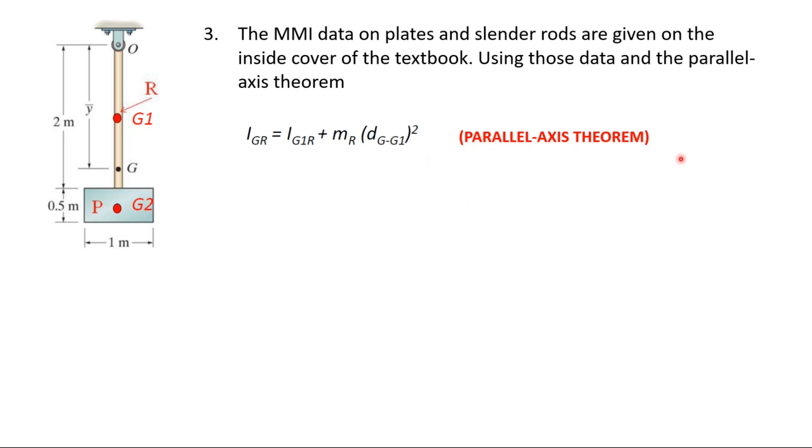That's what we call the parallel axis theorem. It was explained in the lecture, so I don't want to go through it once again. So let's see what we're going to apply here.